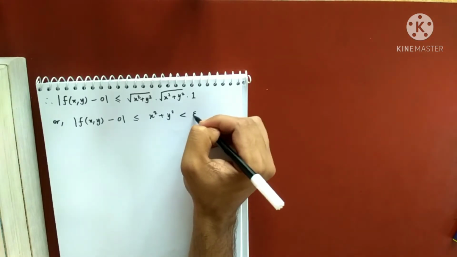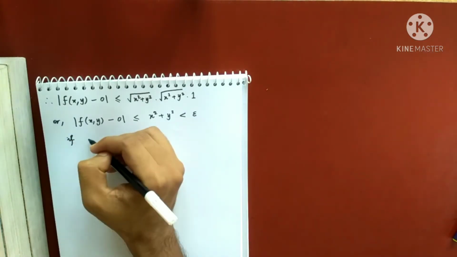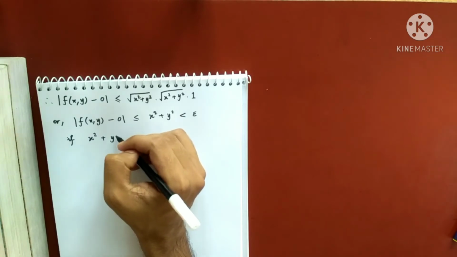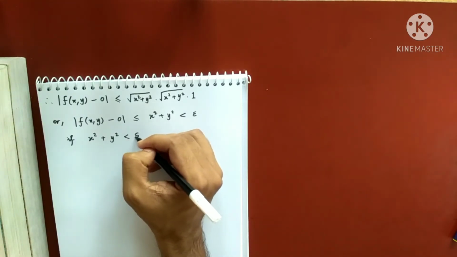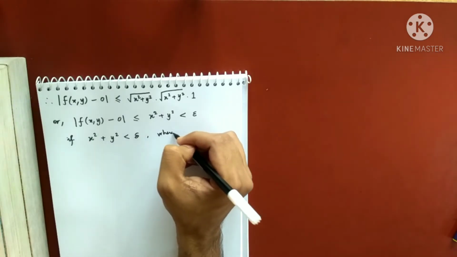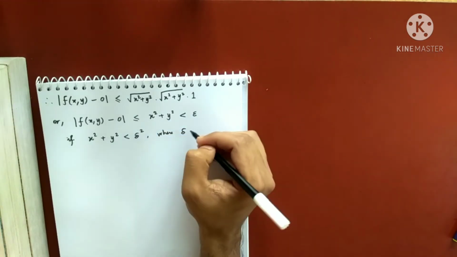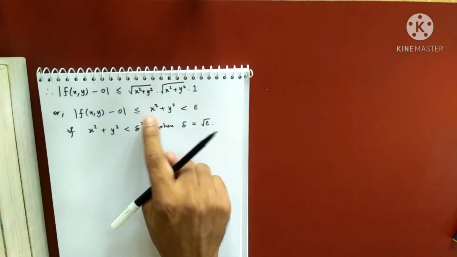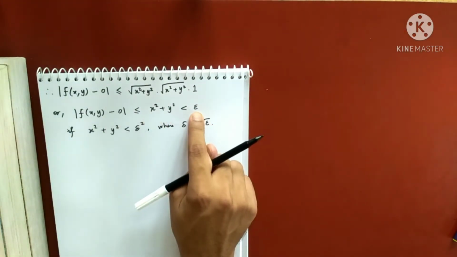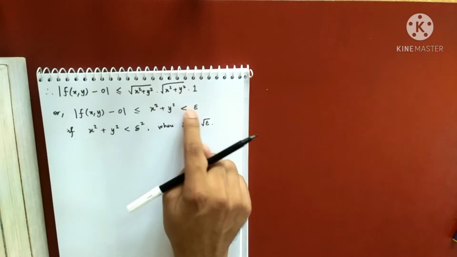This is less than epsilon if x² + y² is less than delta², where delta equals root of epsilon. Right? I'm choosing. So when will this be less than epsilon? Whenever x² + y² is less than epsilon.